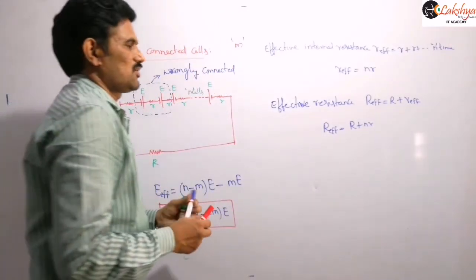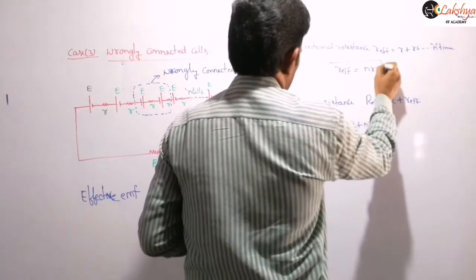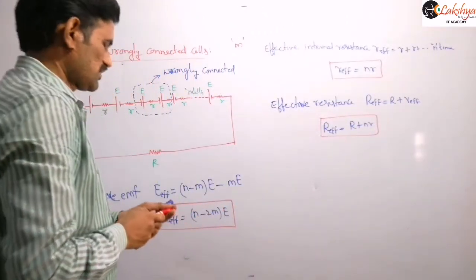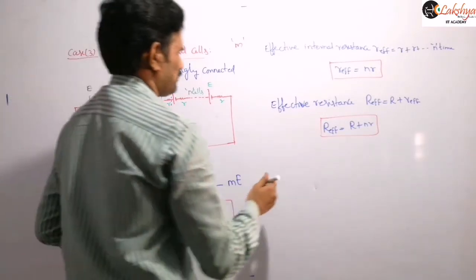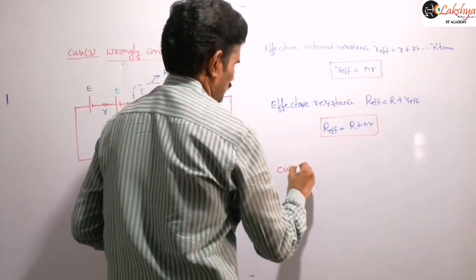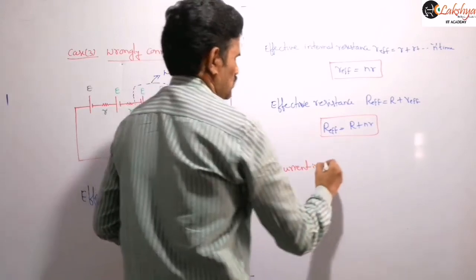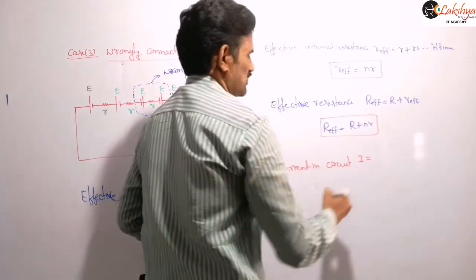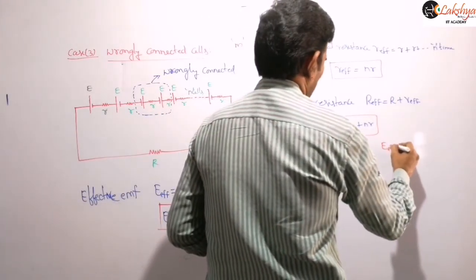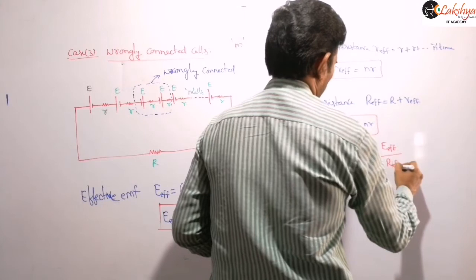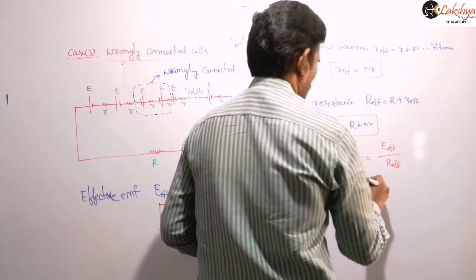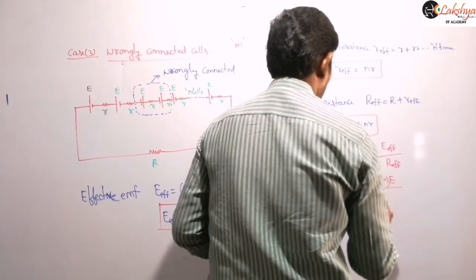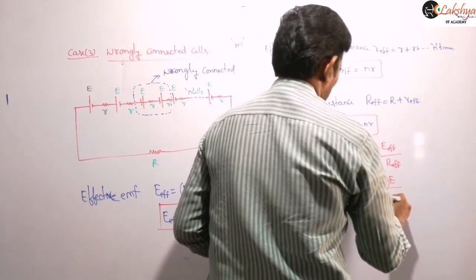Then by substituting these values you can find the current through the external resistance, right? So the current in the circuit, I, is equal to E effective by R effective, and therefore this is nothing but (N minus 2M) into E by (R plus NR).